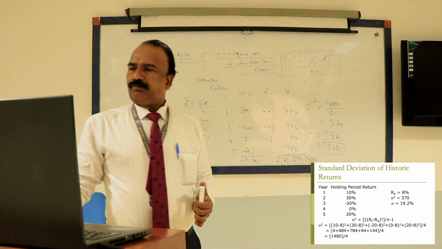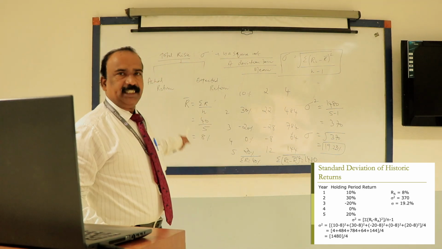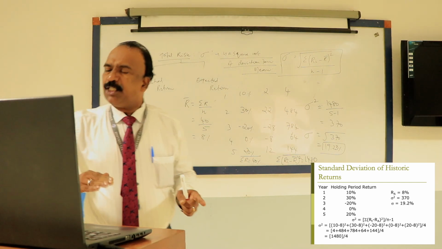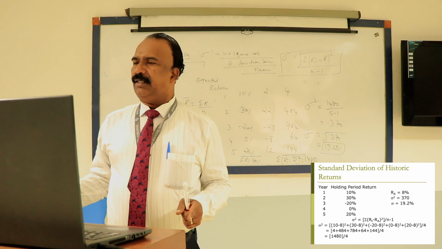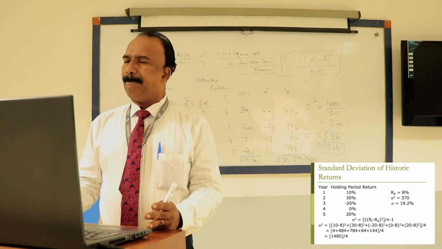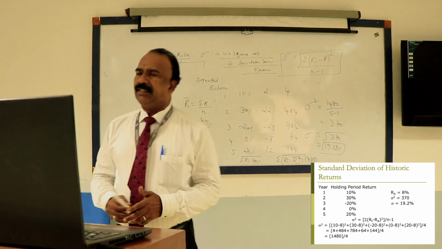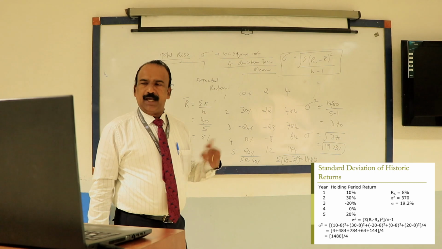I repeat the steps. Step number 1, compute average return. Step 2, compute the deviation from mean. That is return minus R bar, deviation from mean. To remove the minus sign, square it. Square the deviations.